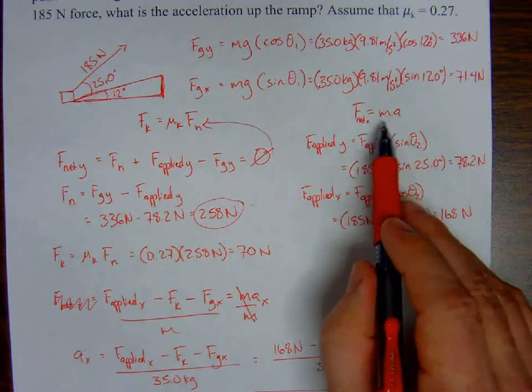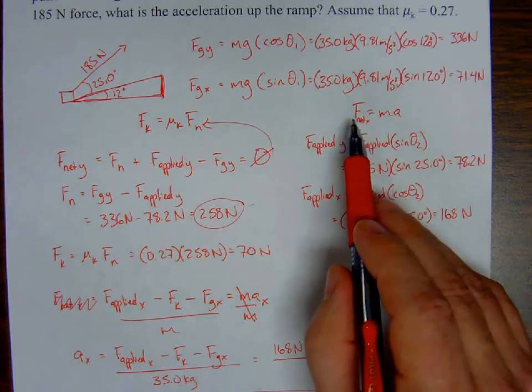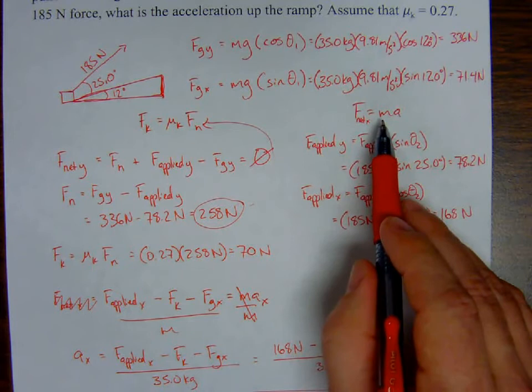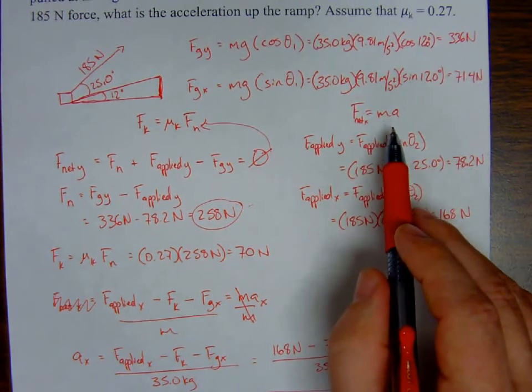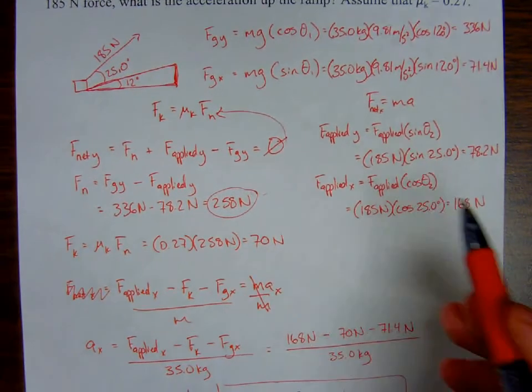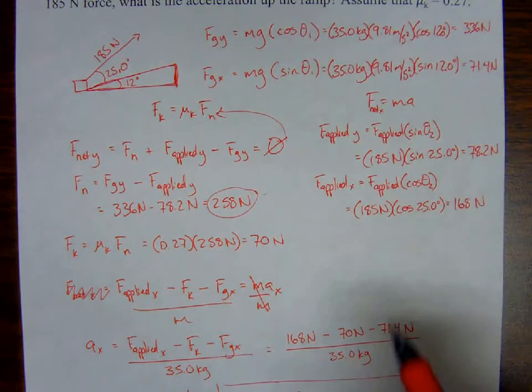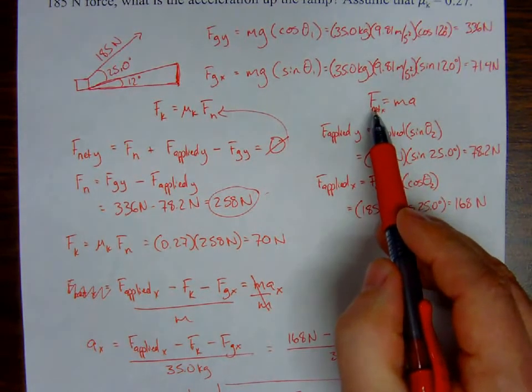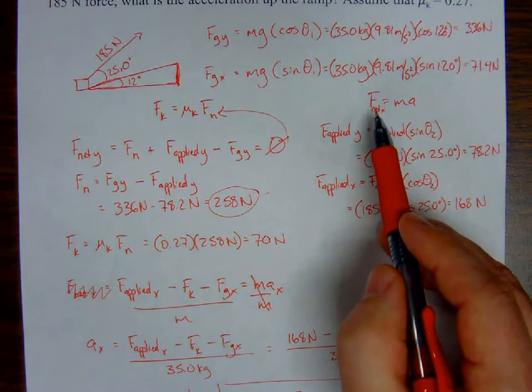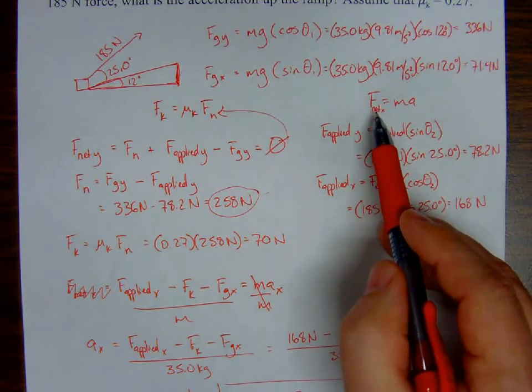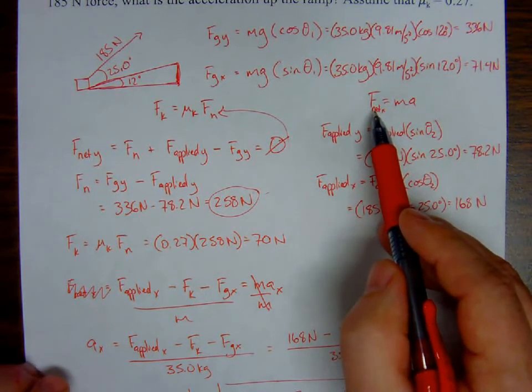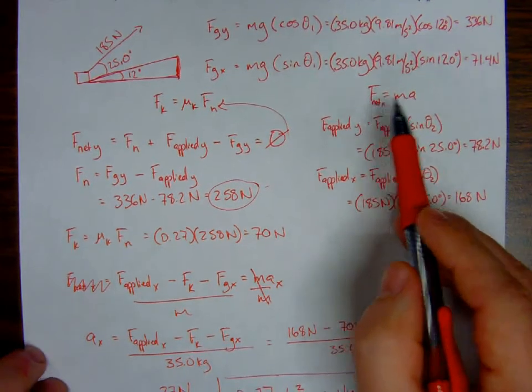Only in the y direction, because some of that force is actually operating in the x direction now. Then, okay, subtract the applied force in the y direction, and then we get our normal force. Now that we have a normal force, we can solve for our force of kinetic friction.